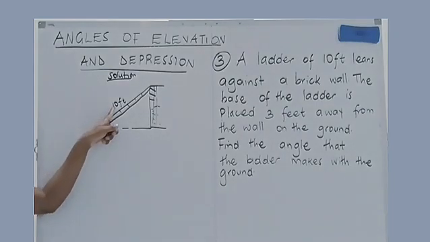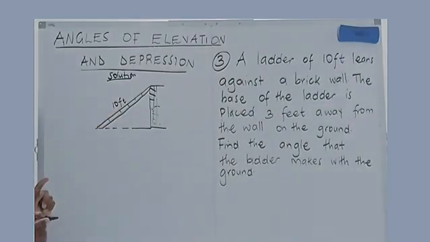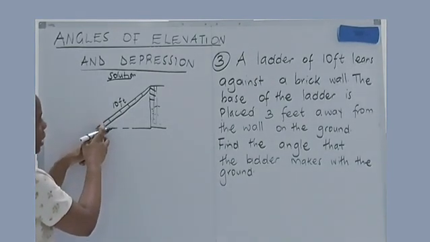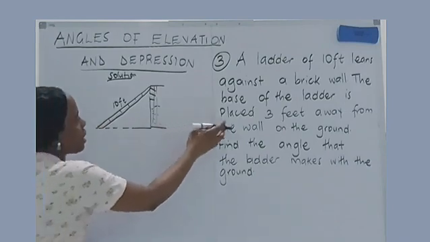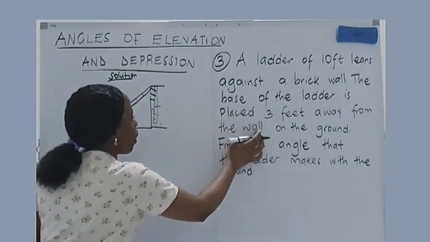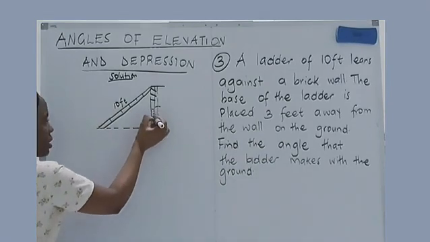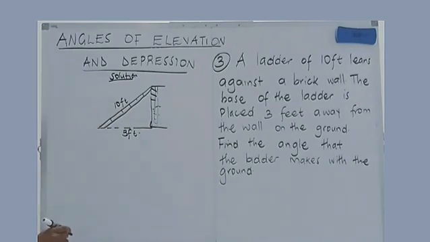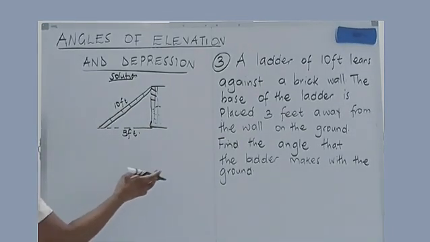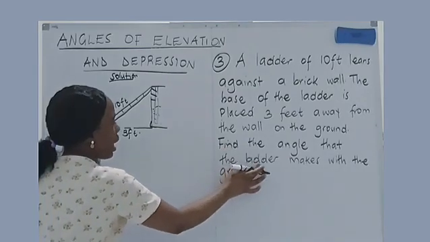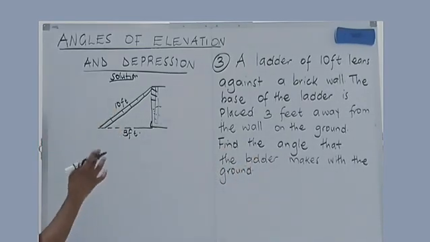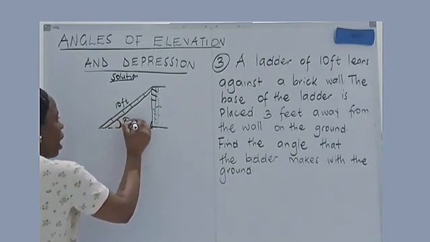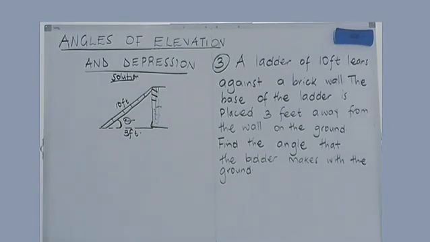So the ladder is 10 feet, and the base of the ladder is placed 3 feet away from the wall on the ground. So if this is your wall, this is 3 feet. Now we are required to find the angle that the ladder makes with the ground. This is the ladder and this is the ground. We are required to find this angle. So let it be angle theta.